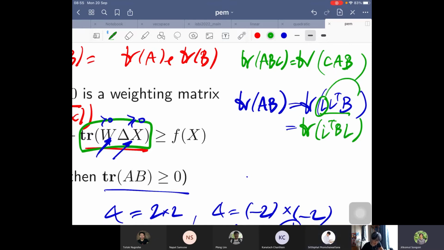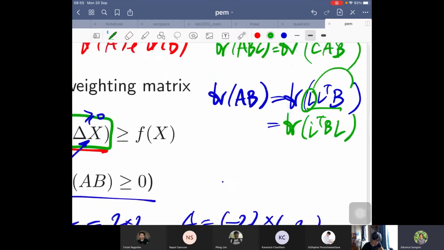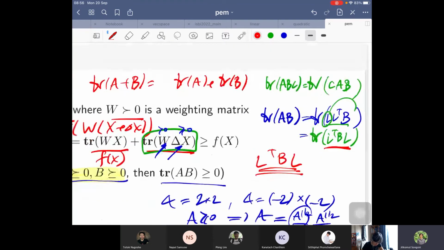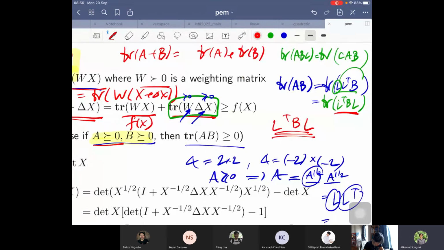I do it this way so that I can recognize that the matrix I'm going to take the trace of now is of the form L transpose B L. What can you conclude about the positiveness of L transpose B L? We start with the assumption that both A and B are positive semi-definite, right?